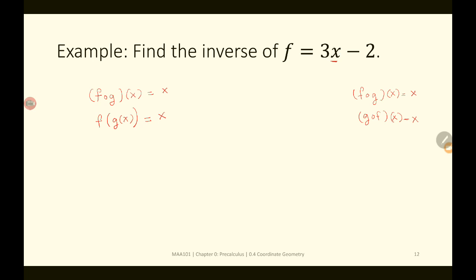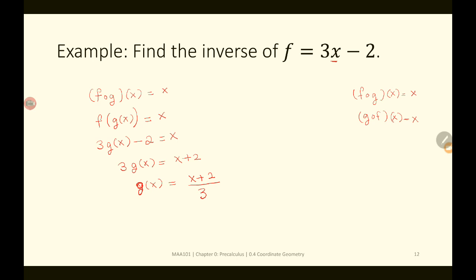So we have 3 g of x minus 2 equals x. Rearranging this, we have 3 g of x equals x plus 2, and then g of x equals x plus 2 over 3. This is the answer that we have seen at the start of the slide.